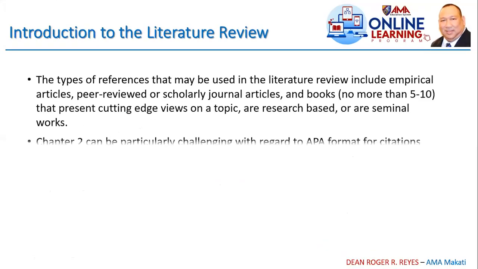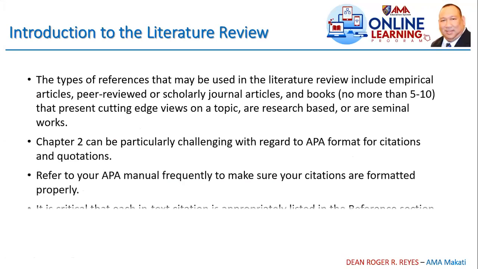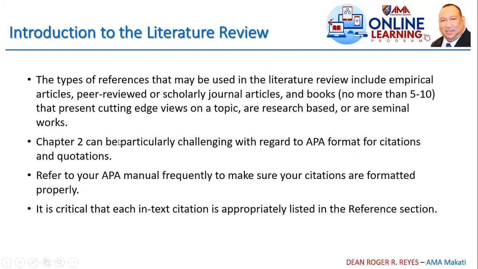The types of references that may be used in the literature review include empirical articles, peer-reviewed or scholarly journal articles, and books, no more than 5 to 10% cutting-edge views on a topic, are research-based and or are seminal works. Discourage ko yung mga nakita yung mga blogs kasi mga opinion yon. Although pwede silang maging experts, opinion nila yon.